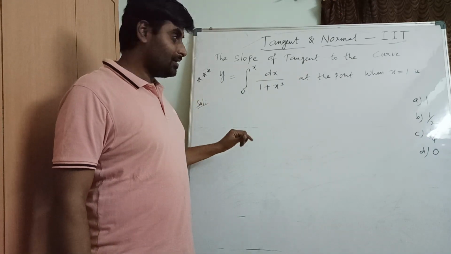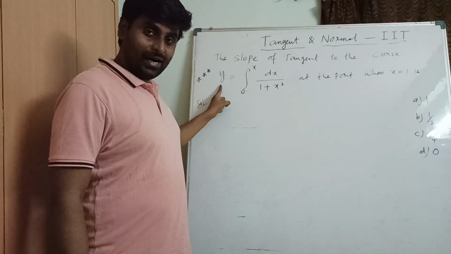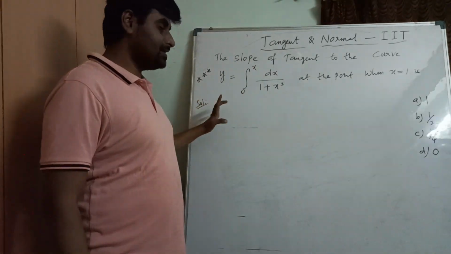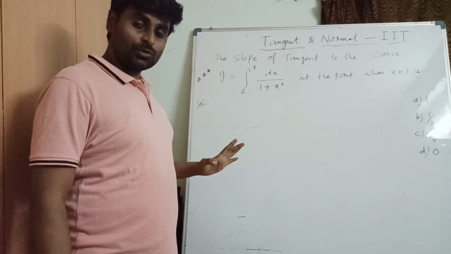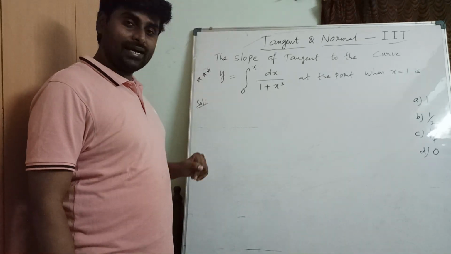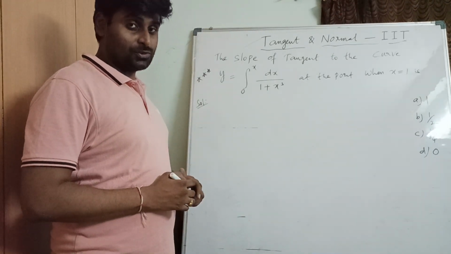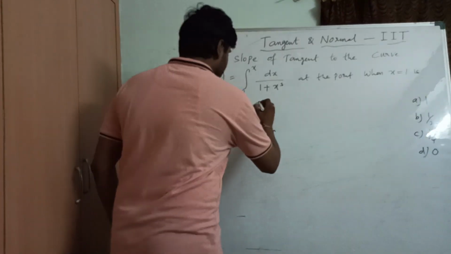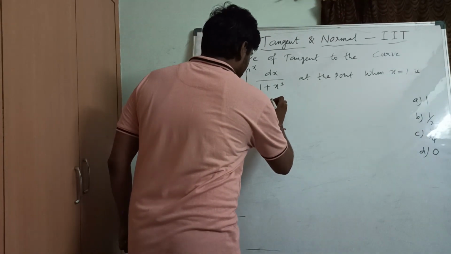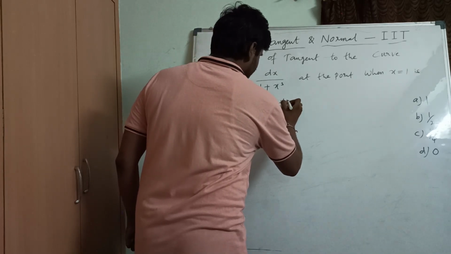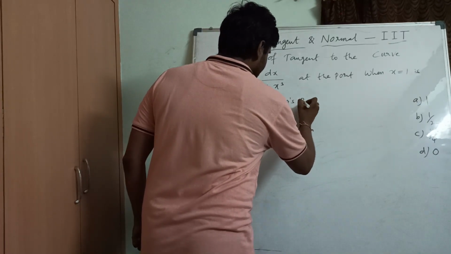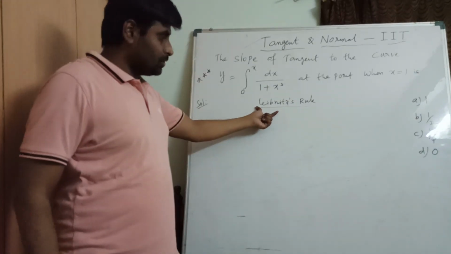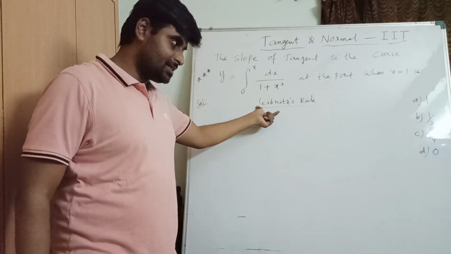Generally you are given function y as a definite integral, then how can you differentiate this, right? That can be done by the Newton-Leibniz rule. By using the Newton-Leibniz rule, we are going to differentiate this one. Before that, first of all, what is the Leibniz rule? We'll see now.